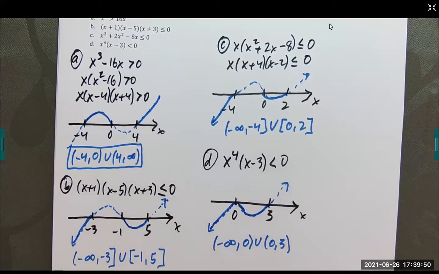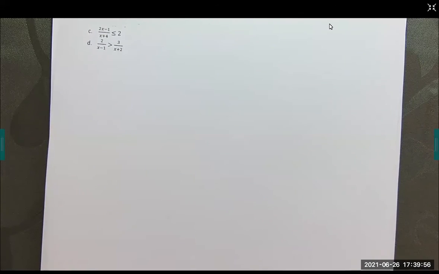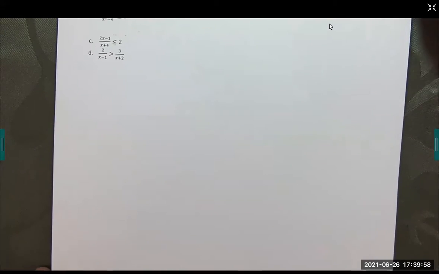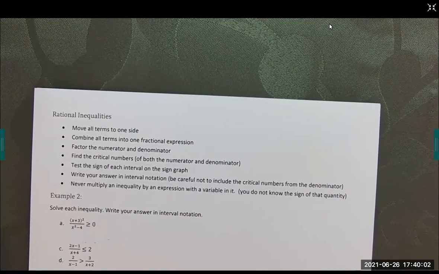Not too bad. So the polynomials, not so bad. The rationals, a little more involved. Actually, a lot more involved. All right, so with the rational inequalities, it gets a bit more intense. We need to find our critical values.